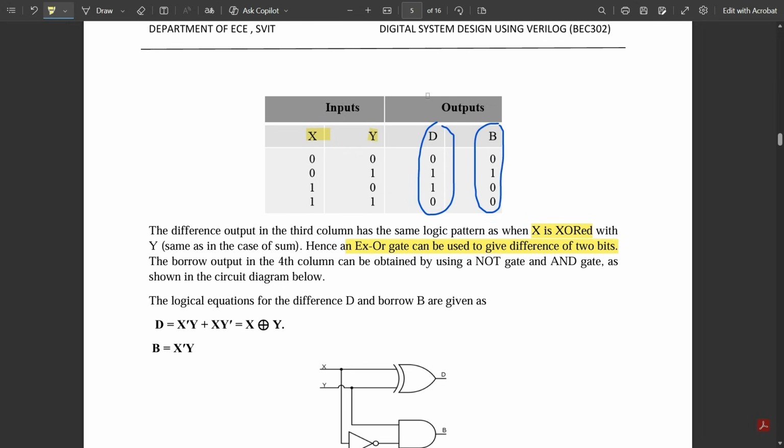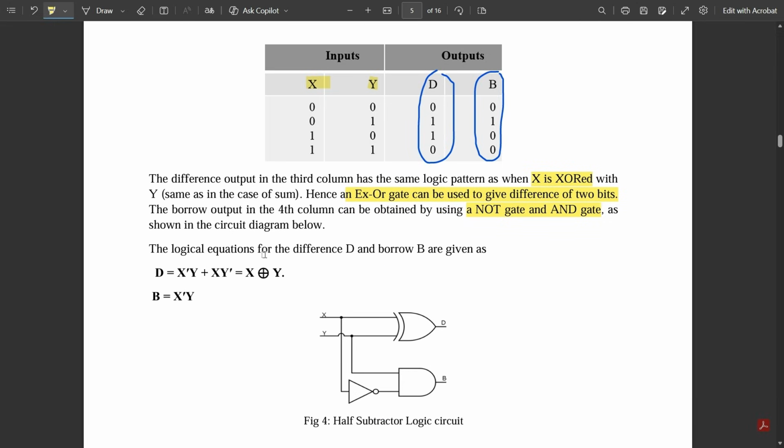So it follows the same pattern of the XOR truth table. So that's why an XOR gate can be used to give the difference of two bits, and the borrow output in the fourth column can be obtained by using a NOT gate and an AND gate as shown in the circuit diagram. Okay, so with respect to this, how the borrow expression is done, you see here, and these are the logical equations for difference d and borrow b.